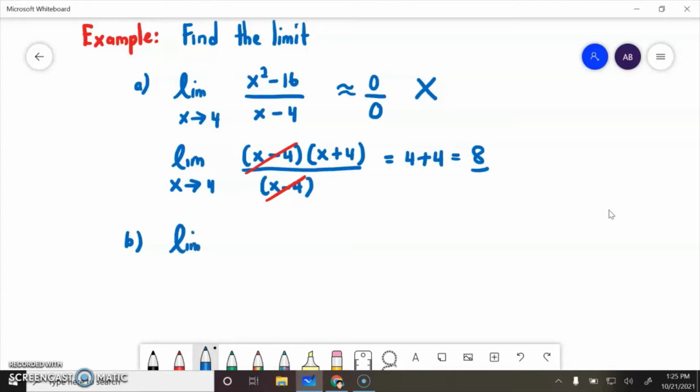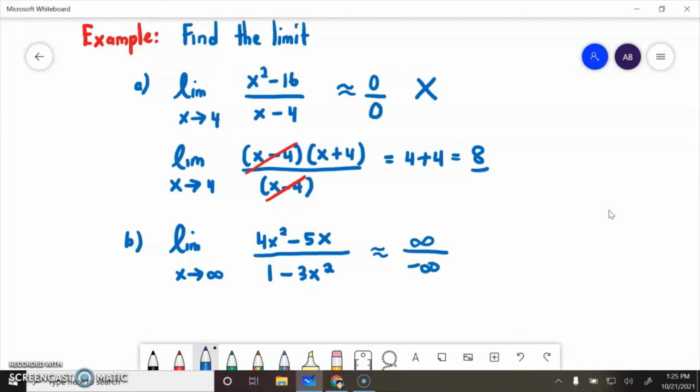Now let's look at another example here. Limit x approaches infinity of 4x squared minus 5x divided by 1 minus 3x squared. Now what happens when you apply x approaching infinity? I'll have infinity over negative infinity, right? 1 is a small number, infinity here is a big number, so 1 minus a very big number gives you a very big negative number.